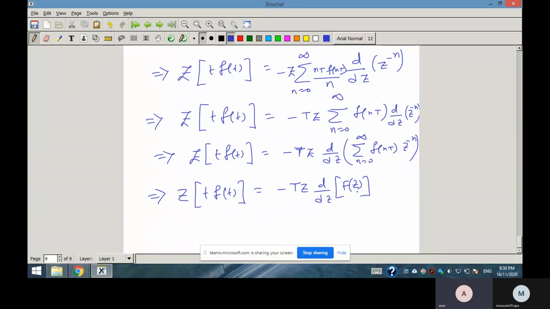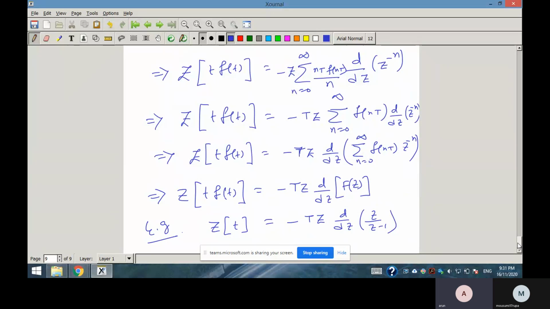Okay. Let us prove, for example, the Z transform of t, the ramp signal. So what will be the Z transform of the ramp signal? As per this relation, it will be minus Tz into dtz of Fz. What is your Fz? Ft is 1, so Fz is z by z minus 1.